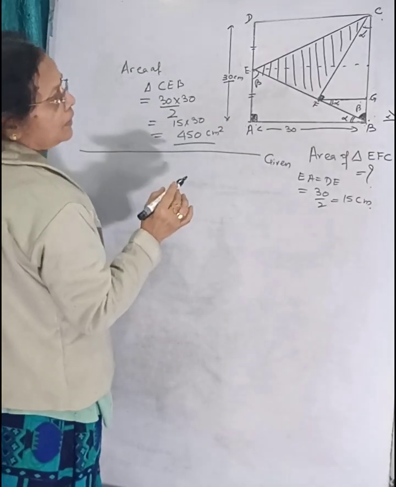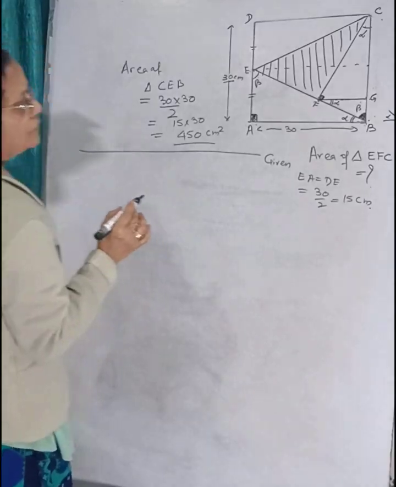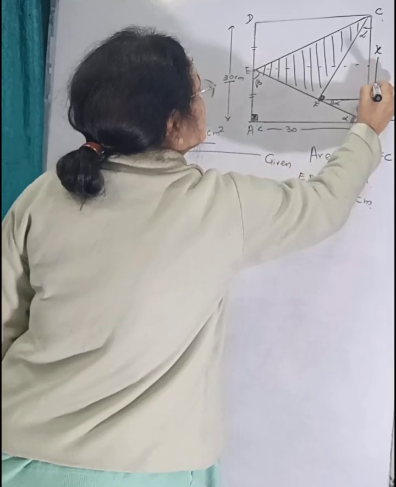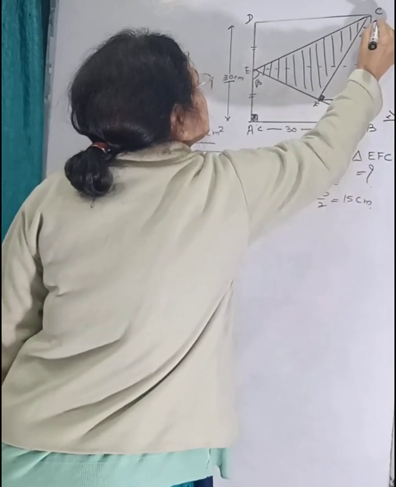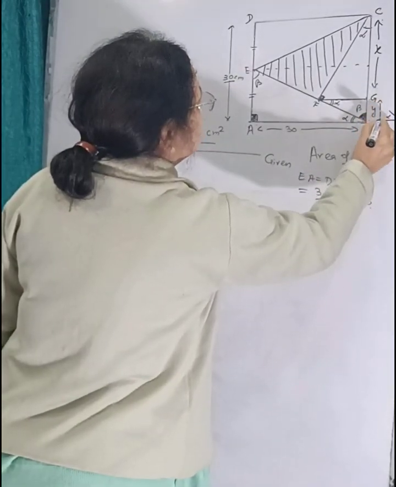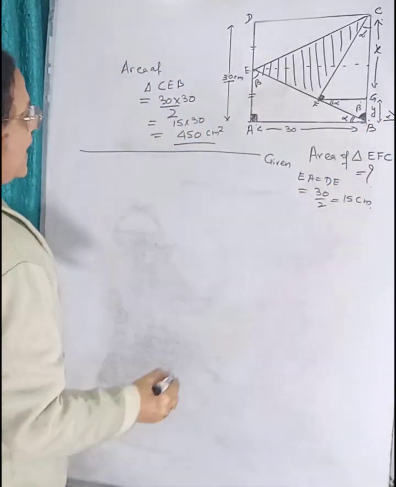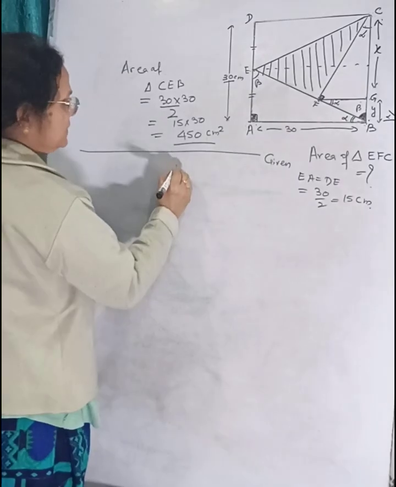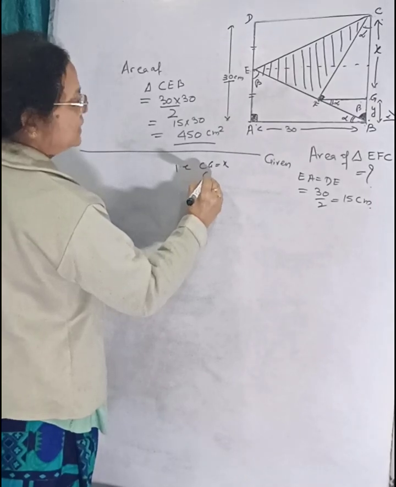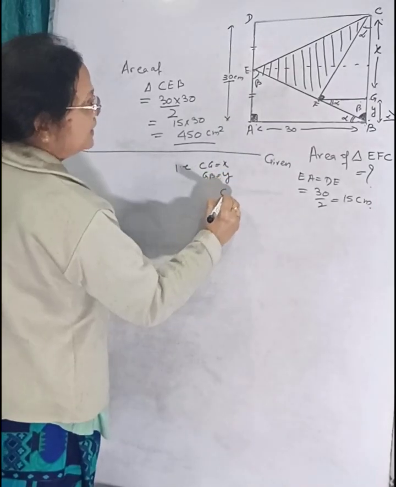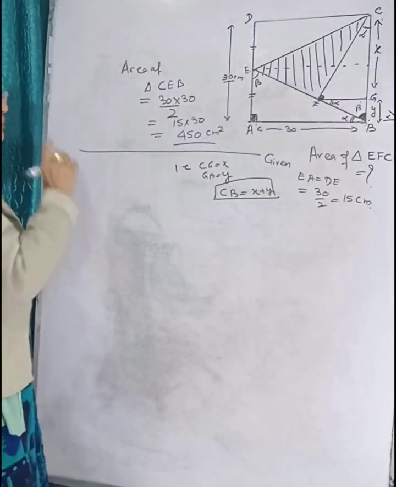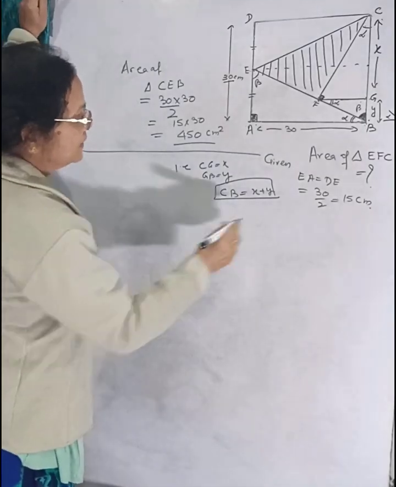Now, FGB. Let us suppose this portion is X, and this is Y. It means GB is equal to Y and CG is equal to X. Then CB, that is X plus Y, is equal to 30.